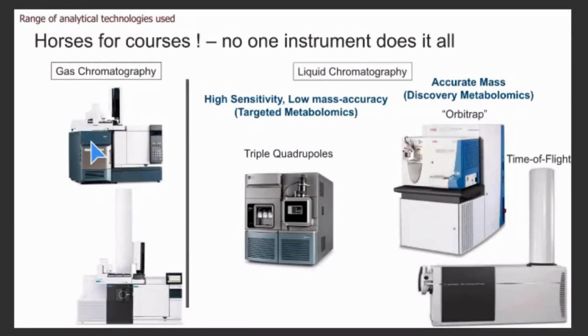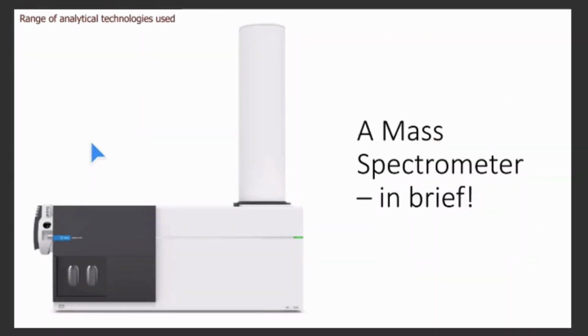If you have targets, then triple quadrupoles, which are targeted instruments, can be tuned to specific metabolite panels of interest. Gas chromatography will do all these things as well, both targeted and discovery.